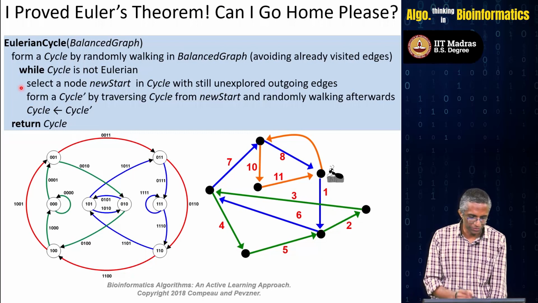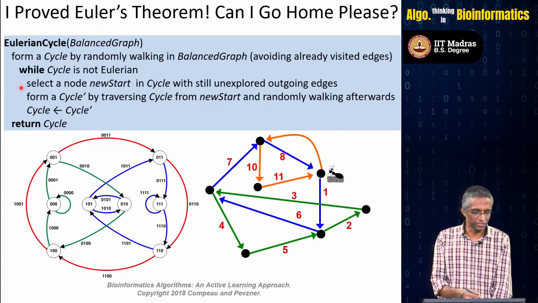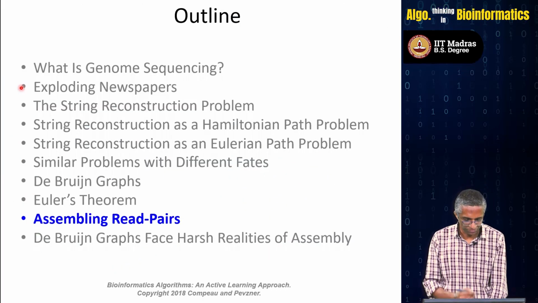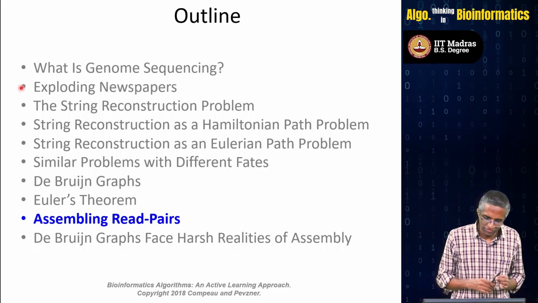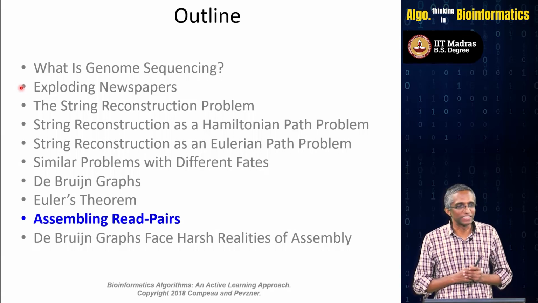And similarly here you can show the same thing, that this 4-universal string exists by constructing an Eulerian cycle in this particular graph. Okay. So now we have set up all the computational and algorithmic framework necessary to finally come back and solve the problem, right?